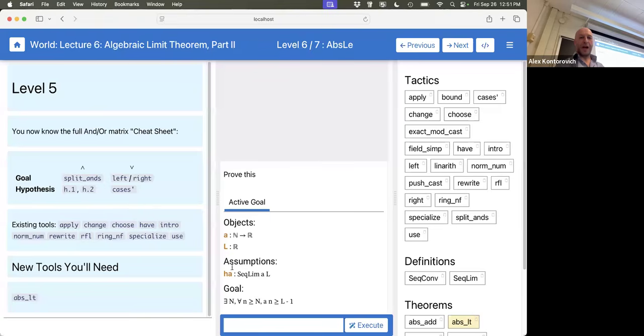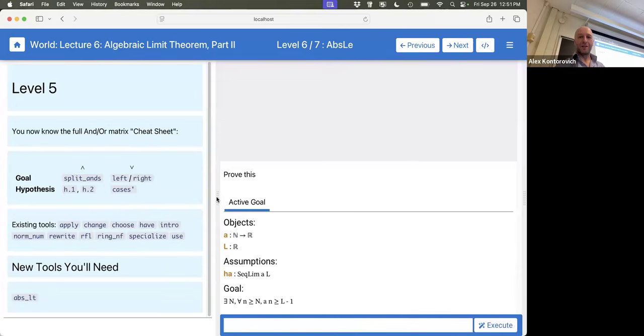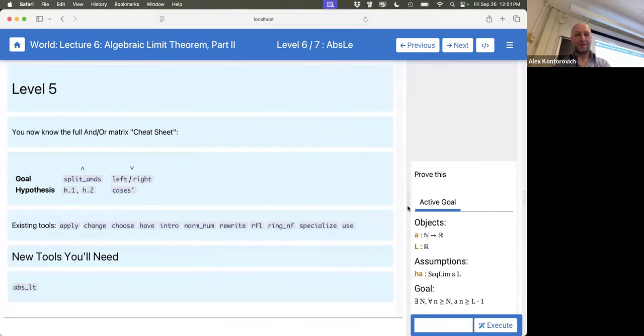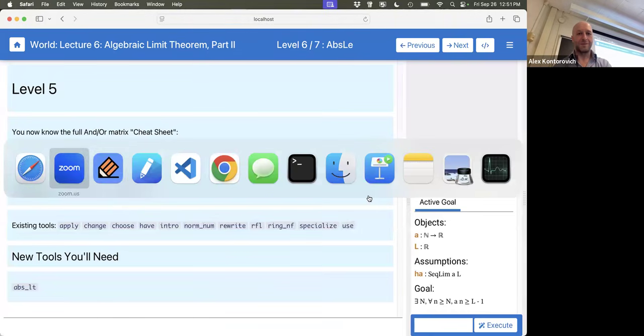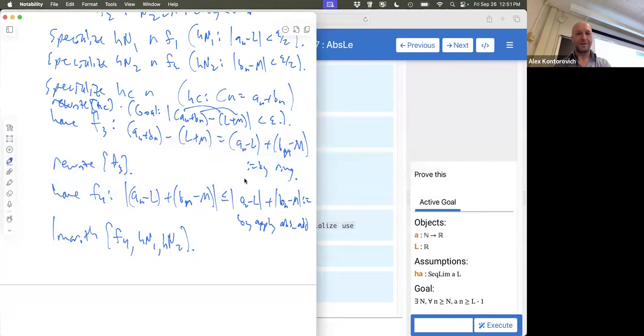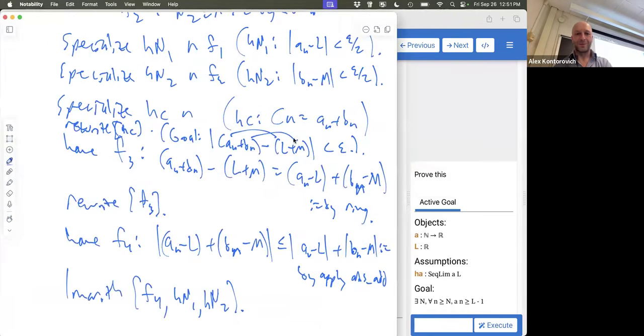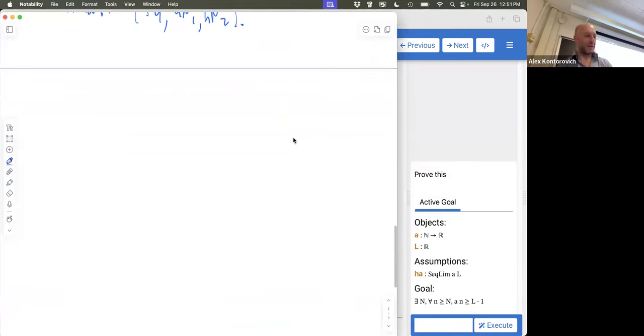Okay, here's our goal. This is a real goal, so let's actually work on it. Let me write down what's going on. Theorem. This theorem doesn't have a name because it's not important enough to have a name.